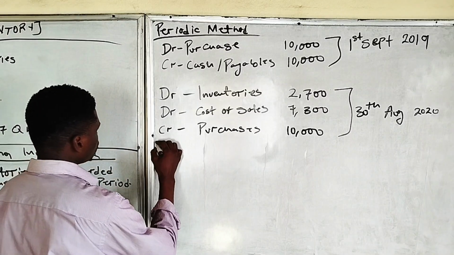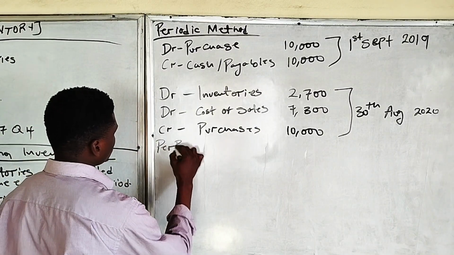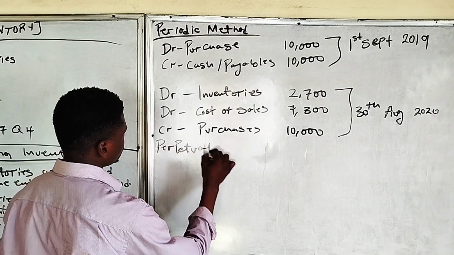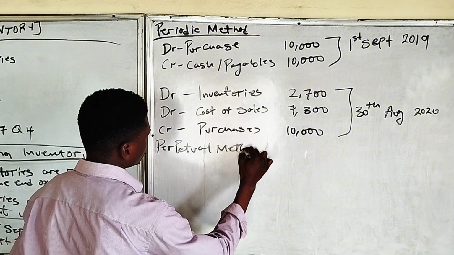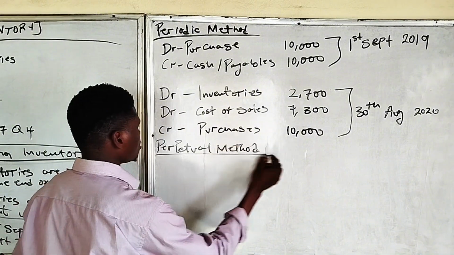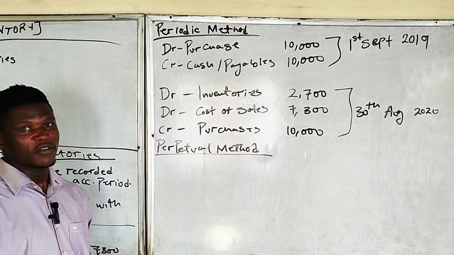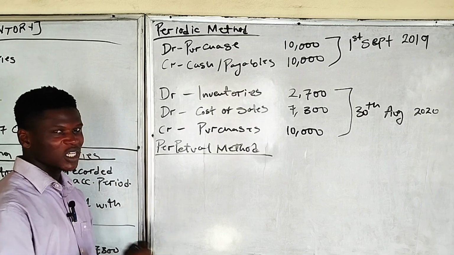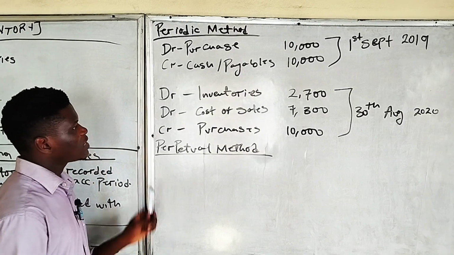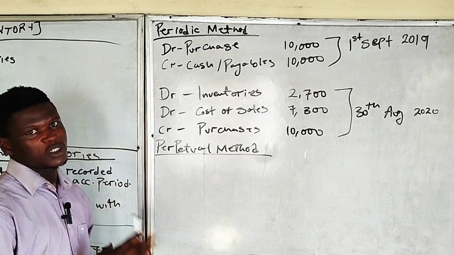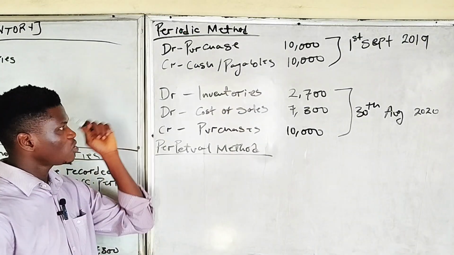If we are using the perpetual method, we said the perpetual method records inventory with constant updating. So every time we purchase goods for sale, we will record inventory.